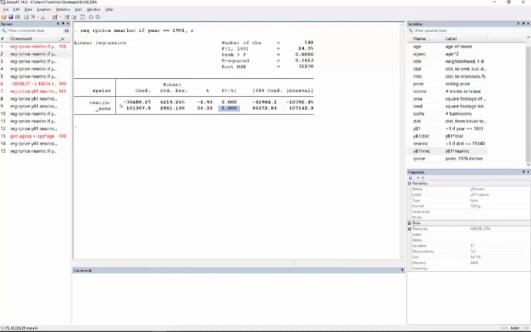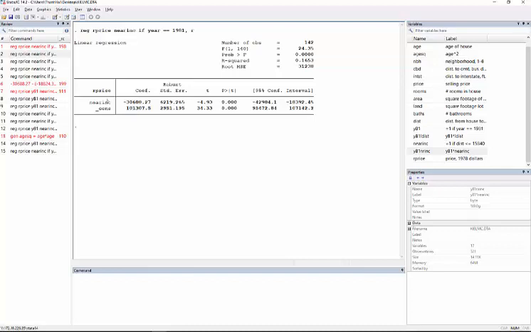So what does it mean? This means that the houses that are near the incinerator in 1981 on average are $30,688.27 lower than the other houses. So what are the other houses? Other houses are those not near the incinerator.